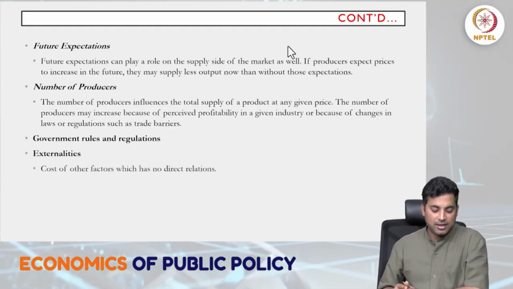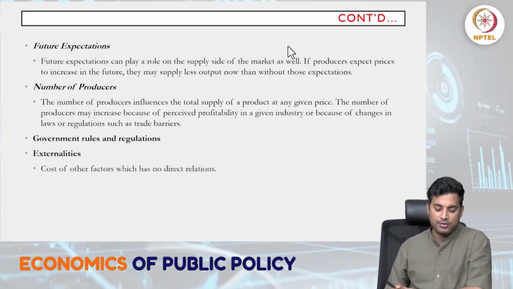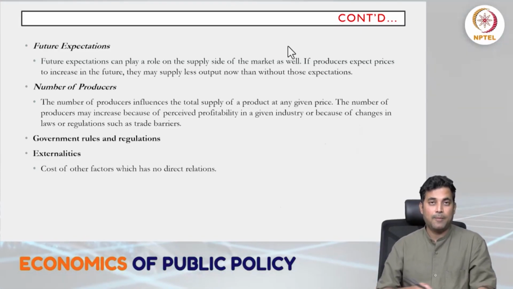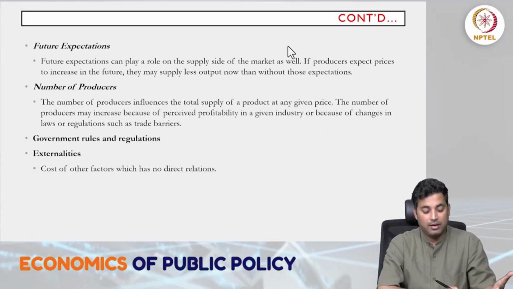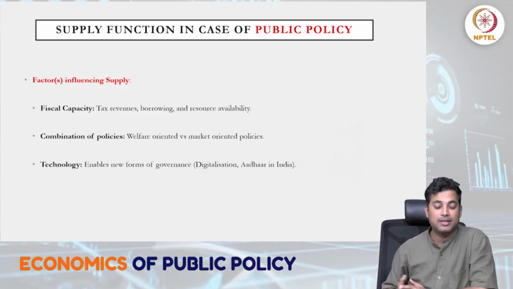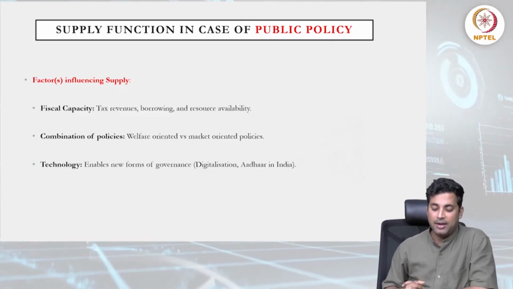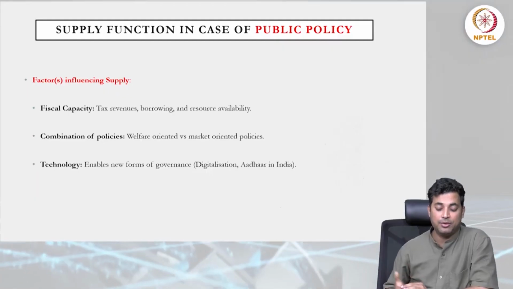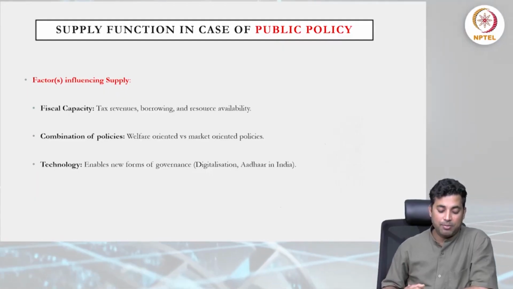There are also other externalities, like the cost of other factors, which have no direct relation, but certainly will influence supply. For instance, fiscal capacity, like tax revenues, borrowing, and resource availability for the overall economy. The government has a role to play.